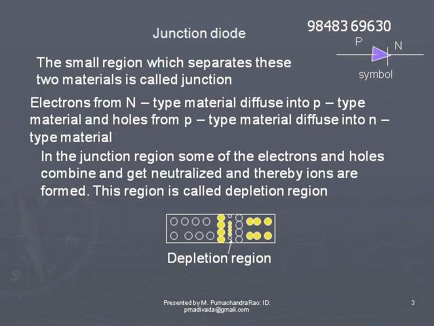Some of the electrons and holes crossing the junction combine together and get neutralized. But ions will be formed inside the junction. Inside the junction, ions will be formed. This region is called the depletion region. The region in which ions are formed is known as the depletion region.